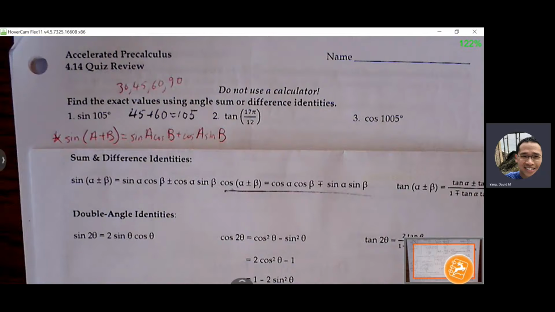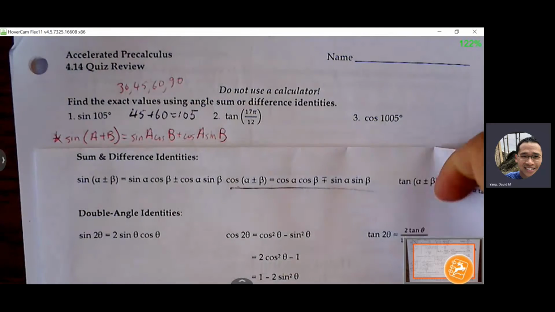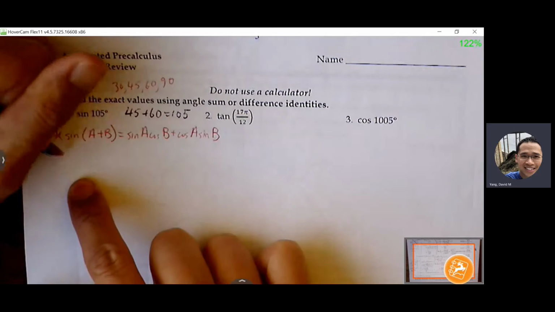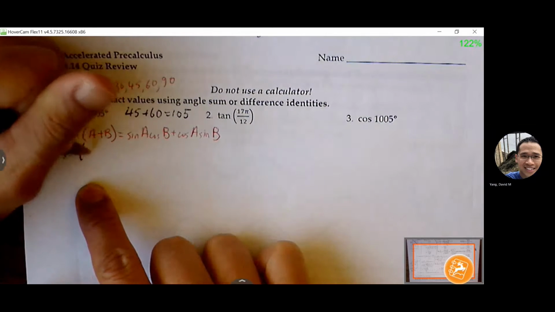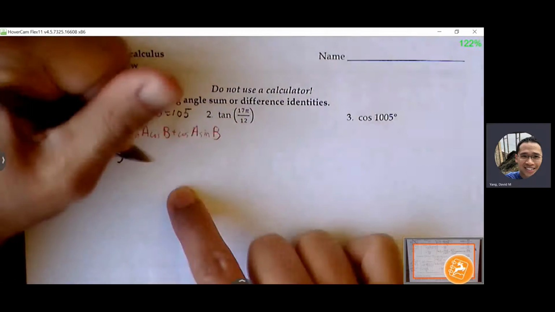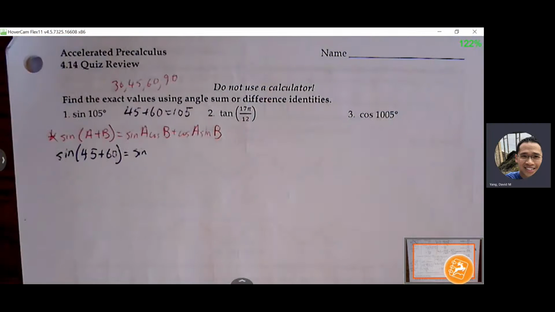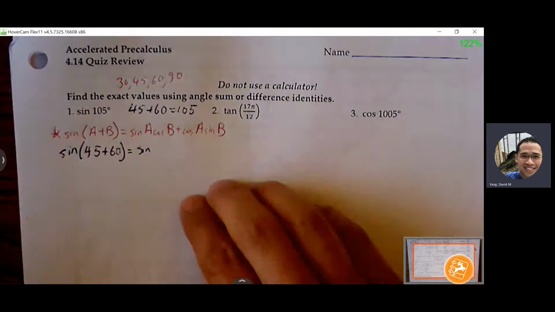You can make it 45 and 60. You can make it 60 and 45. It'll work out. I'm just going to go with 45 and 60, but if you did it the other way, you'll come up with the same answer. So for me, I'm going to let A be 45, and I'll let B be 60.